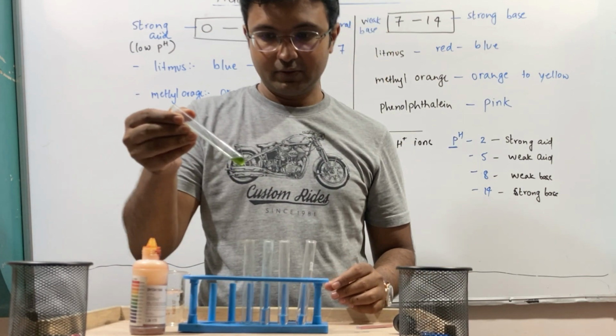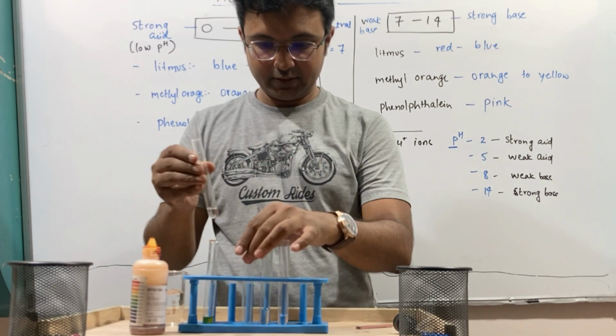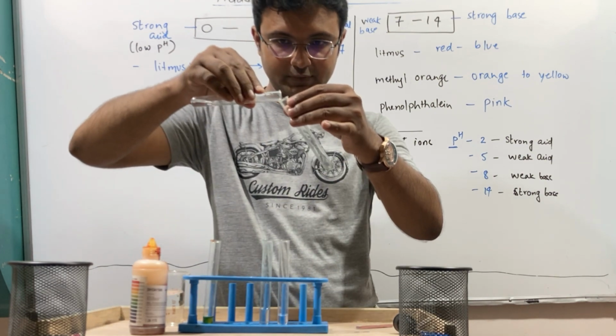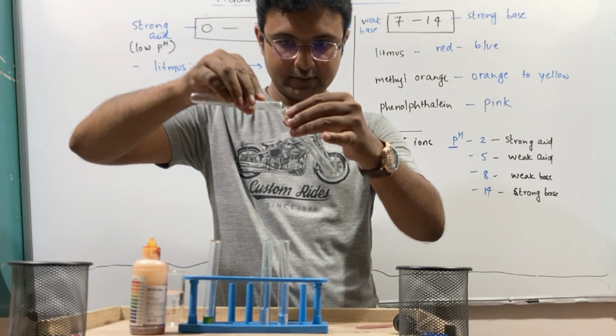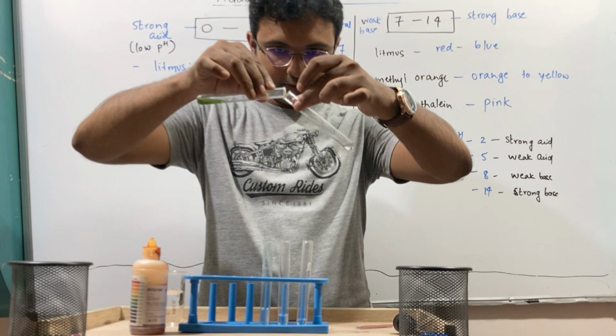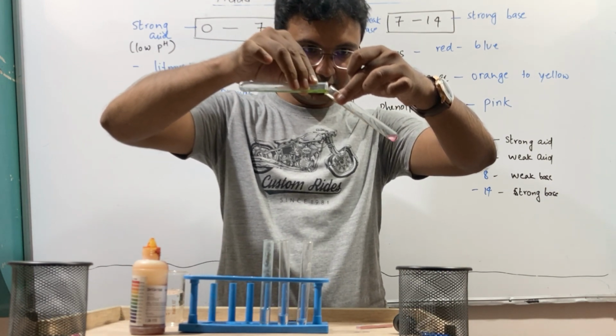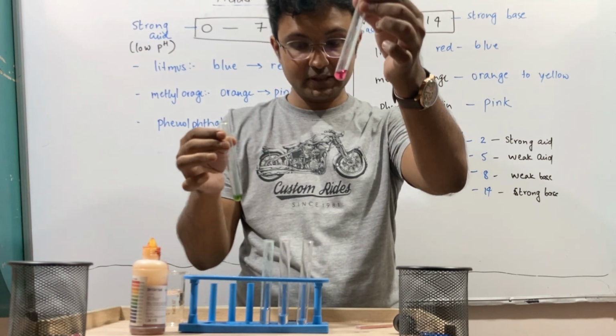Now if I take a little bit of this acidic solution and add it to the universal indicator, yes, dark red means it is a strong acid.